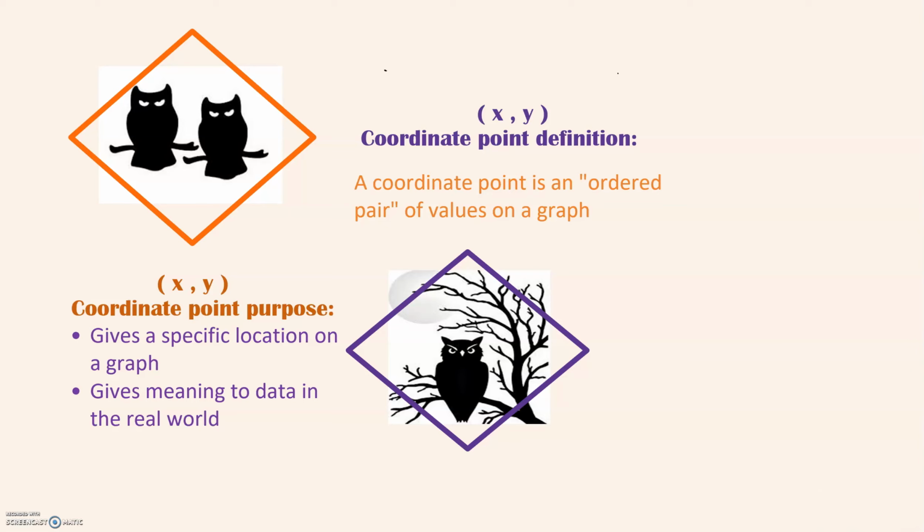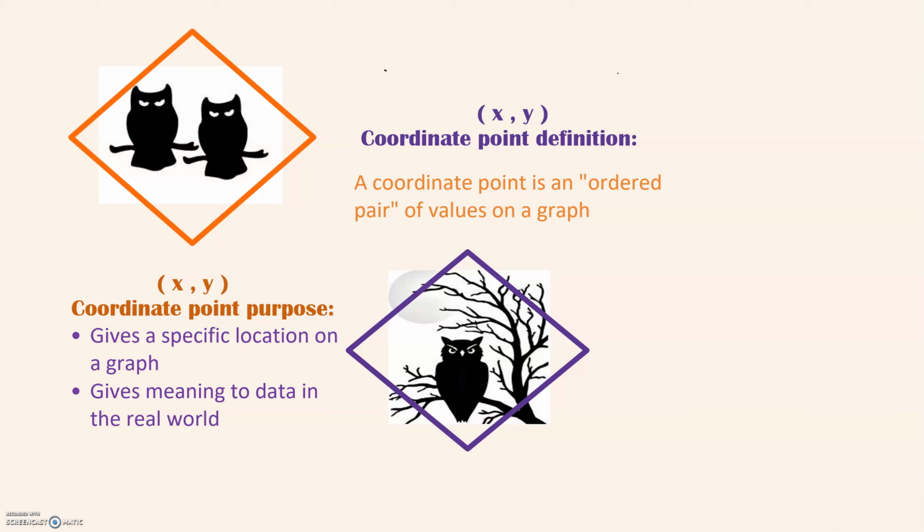We're giving the address of where we are going on a graph. And in the real world, what that does is it gives meaning to the data. If there's data collected in the real world, like how much something is and how much you're going to buy with it, we can actually graph that.